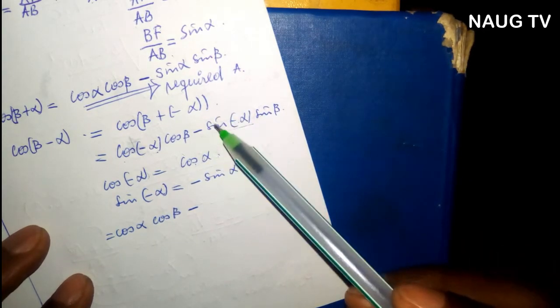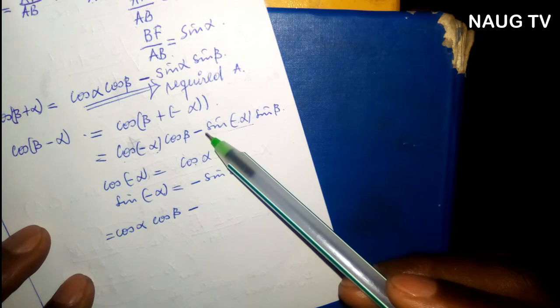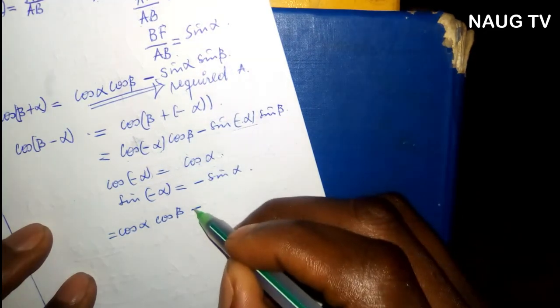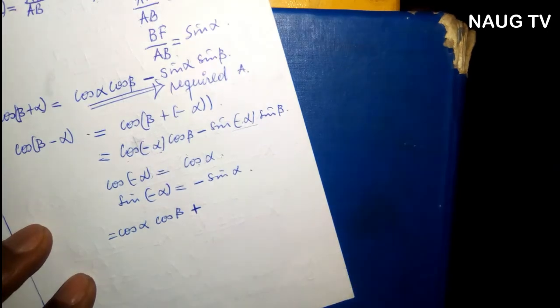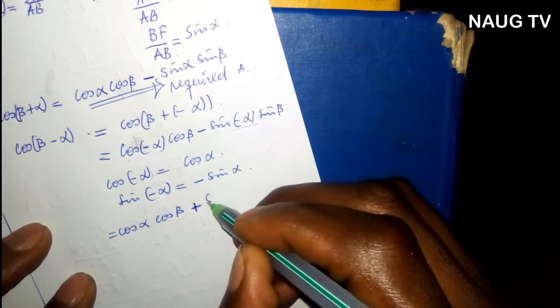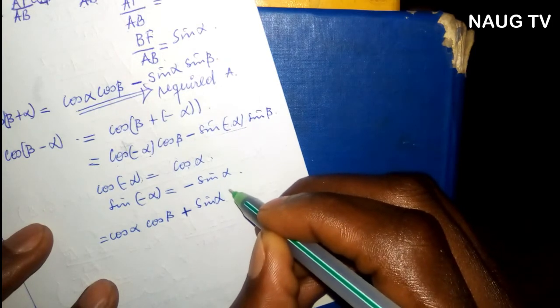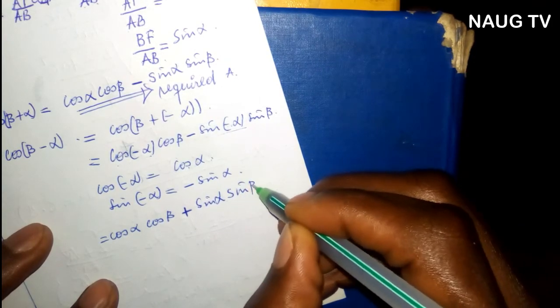So negative times negative would give a positive sign. That's why here it is plus sine alpha times sine beta.